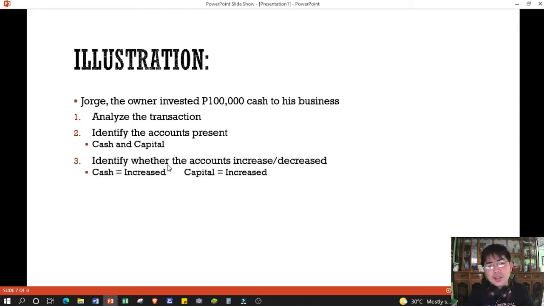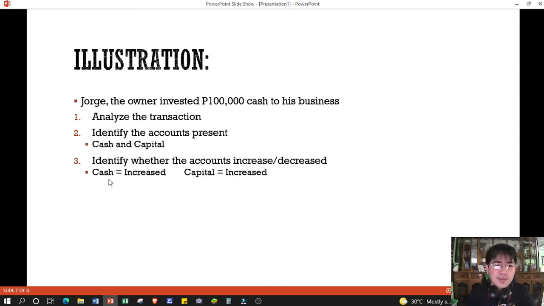Third, identify whether the account increased or decreased. Okay. So again, we are recording in behalf of the business, and since the business received 100,000 cash, therefore the cash of the business increased. And what about capital? The capital also increased. Kay ang investment sa tag-iya nadungagan man, therefore ang capital account also increased.